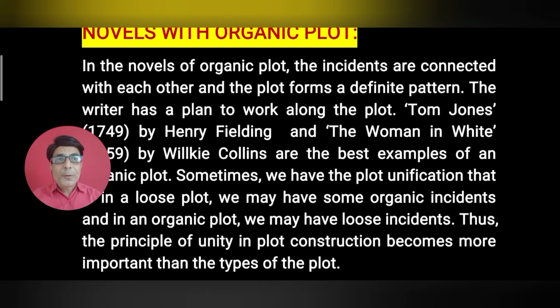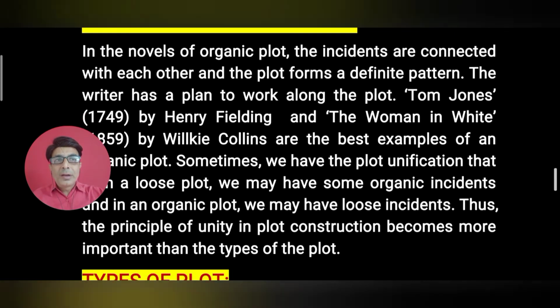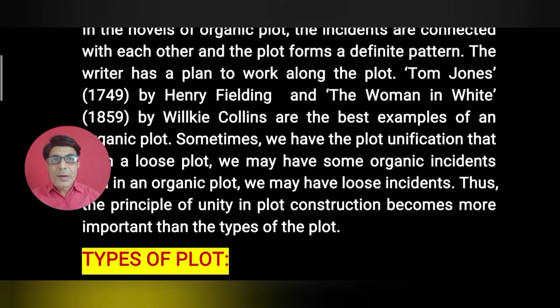Like, for example, Tom Jones, written by Henry Fielding, published in 1749, and another novel, The Woman in White, written by Wilkie Collins, published in 1859. These are two nice examples of the novels with organic plots.